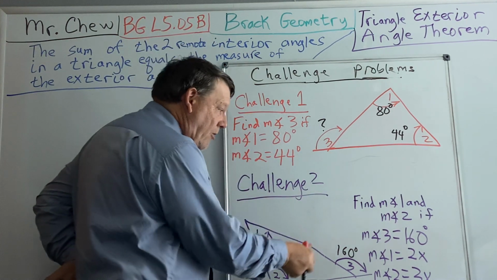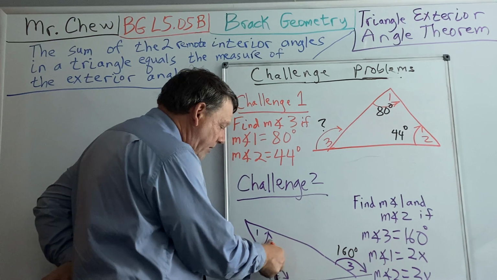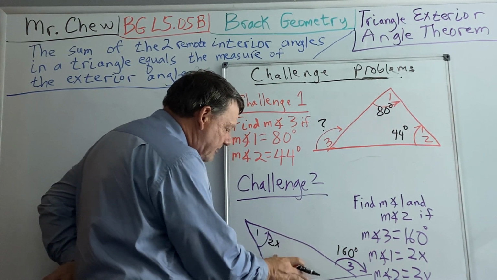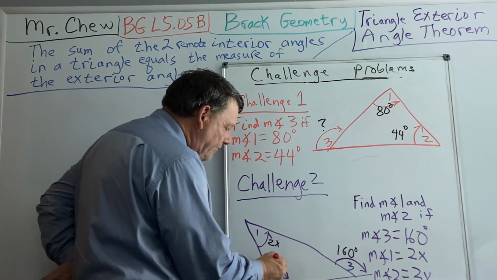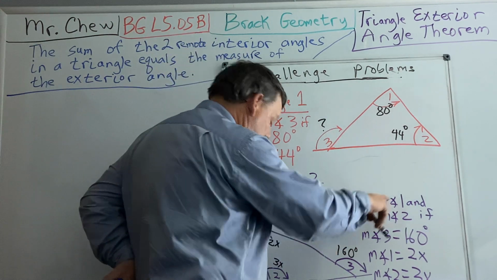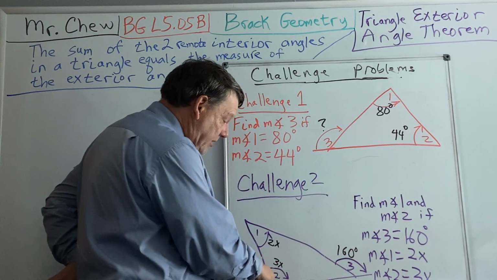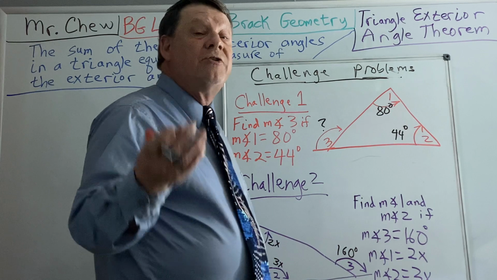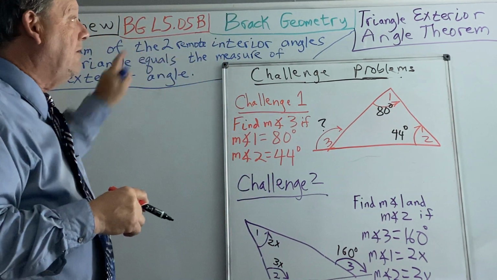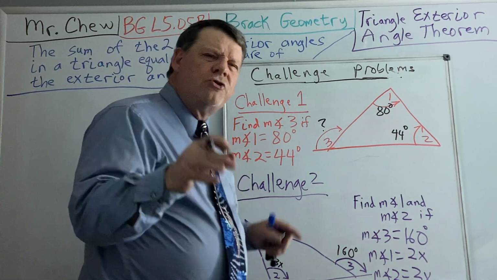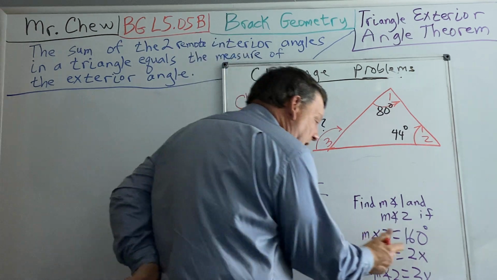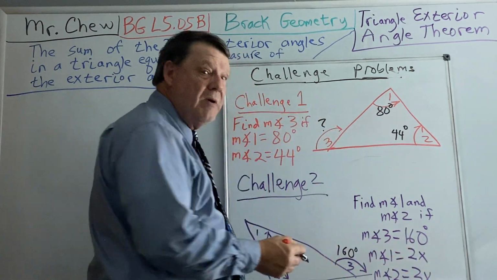But I do know that angle 1 has an expression up here of 2x, and angle 2 has an expression of 3x. So I want you to find what degrees this one is and what degrees this one is. The first thing you have to do is write an equation using the triangle exterior angle theorem, using the two remote interior angles. Then after you do that, you have to substitute back in here to find the two measures.